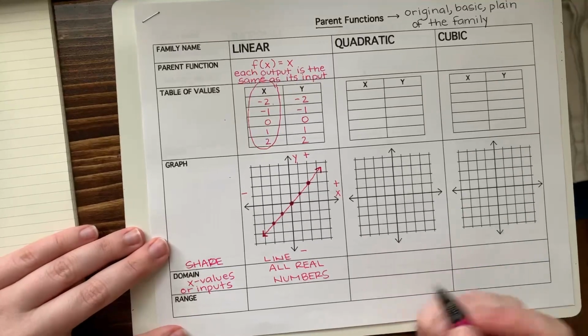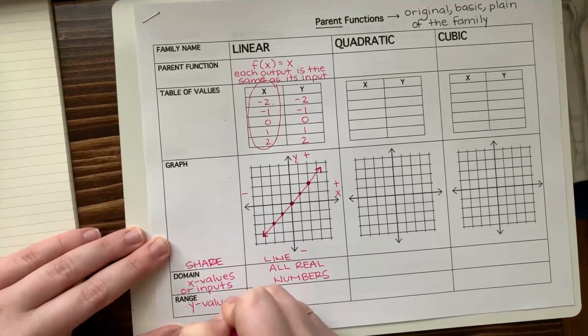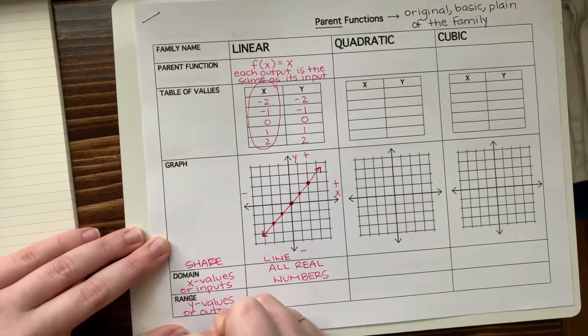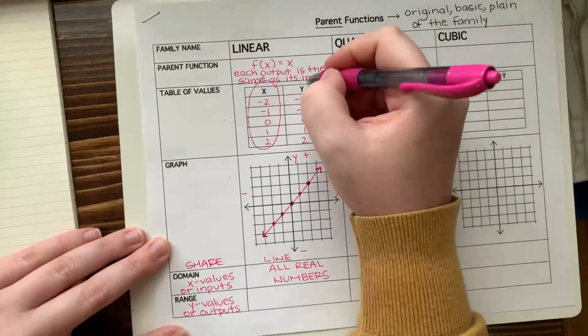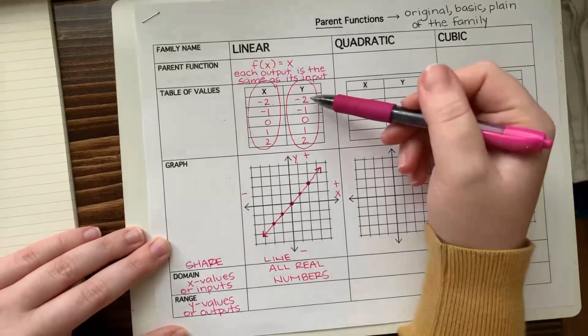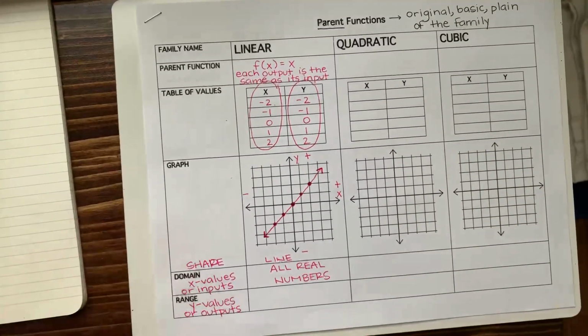Next, I'm going to do the range. This is my y values or my outputs. Okay, looking at my y values or my outputs, I see that I also have negatives, I have 0, I have positives. So nothing has to be excluded.